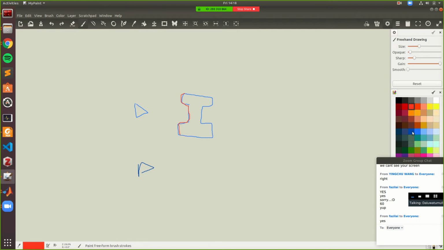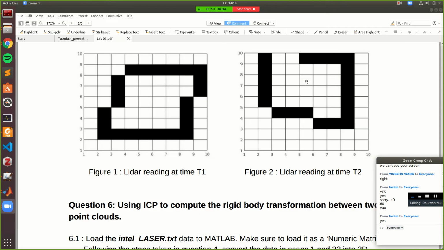Let me use a different color for that. Now I'm getting, say, this section from my laser scanner. By looking at these two scans, the first scan I have is like this, and my second scan looks like this. If I can match this to this section, I can figure out how the robot has moved. That's what we are doing here.